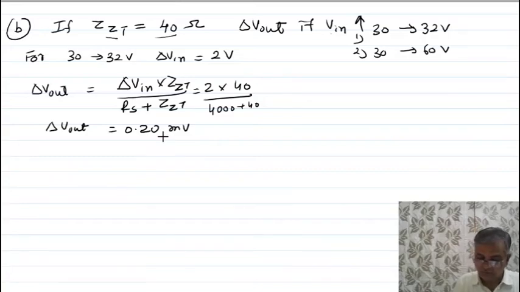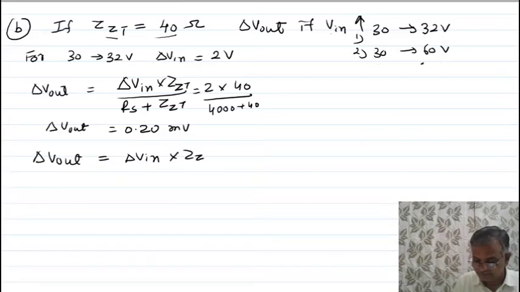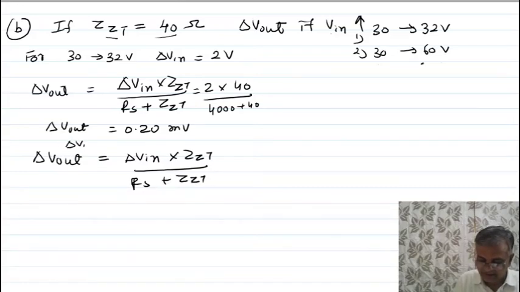Now this is very similar. Similarly you can find delta V out for 30 to 60 volt. Delta V in for the second case, this is the first case, is 60 minus 30, which is 30 volt.